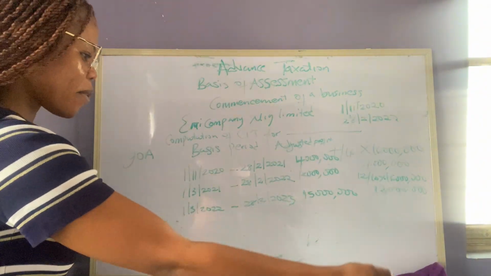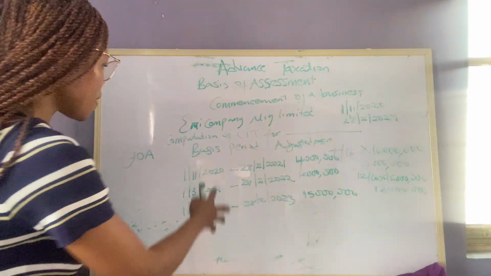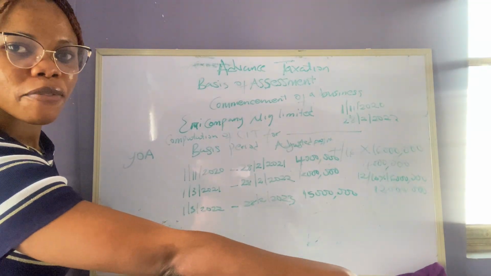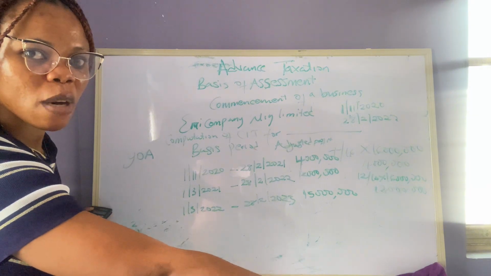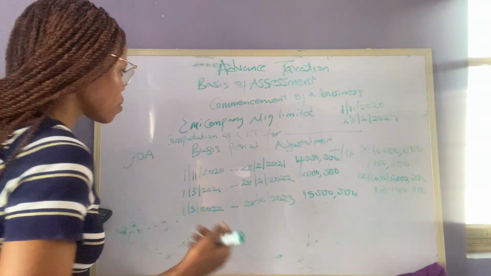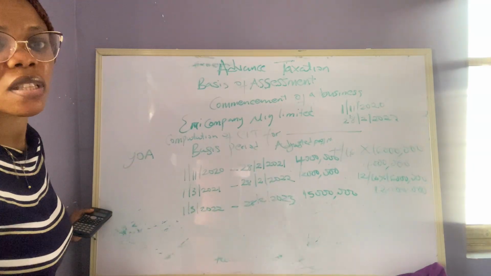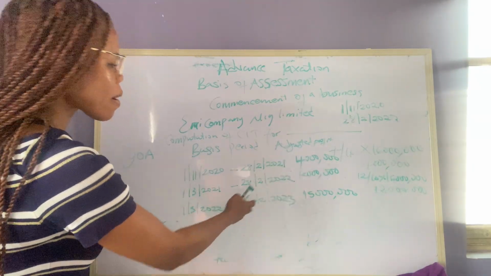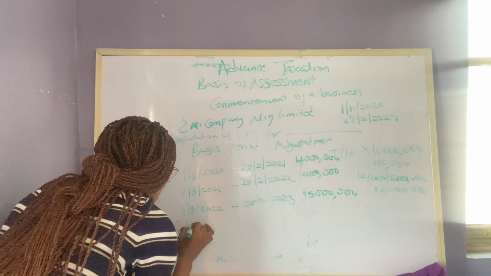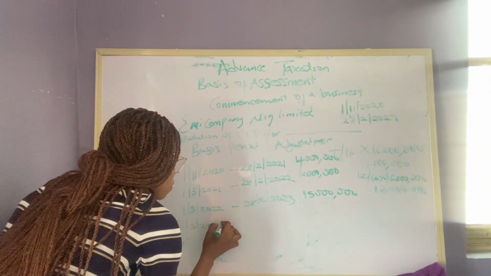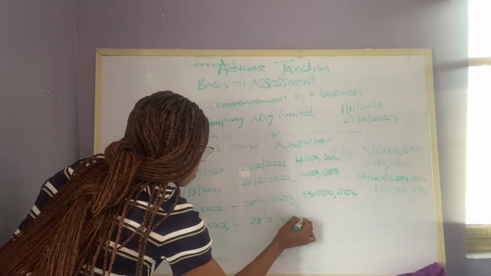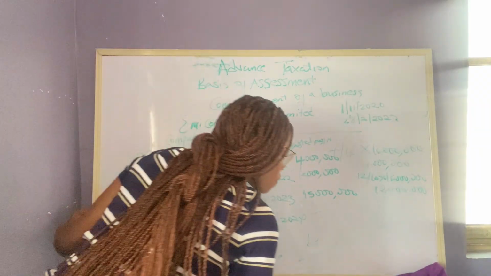Then for the next one, your basis period is determined by the number of adjusted profits you are given, and also where there is overlap. The adjusted profits they gave us are 3, but because of the overlap, our basis periods are going to be 4. So we'll now say 28th of February 2024, profit of 18 million.